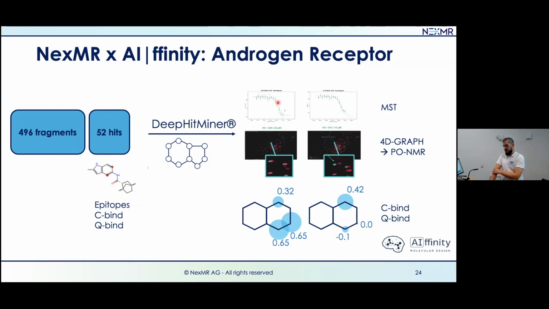So we have now hundreds of micromolar binders that we validated in MST, in HSQC. We could see that this is binding to some of the IDR residues, that this is inducing some shifts there. And now we have been recording the epitope, the Q-bind, the C-bind. So Q-bind is in red and C-bind is in blue.